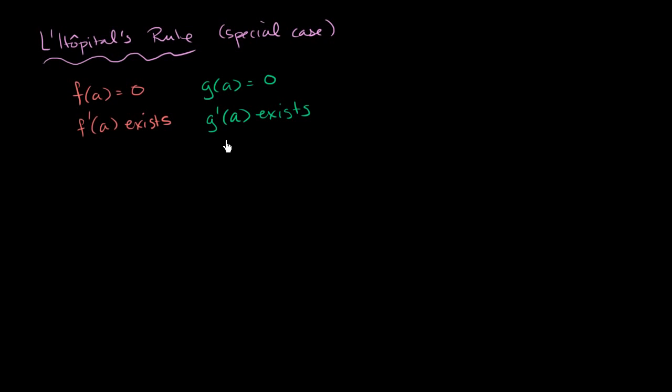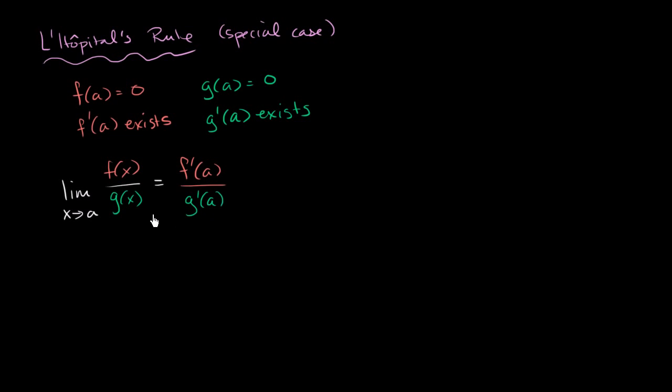If these constraints are met, then the limit as x approaches a of f of x over g of x is going to be equal to f prime of a over g prime of a.